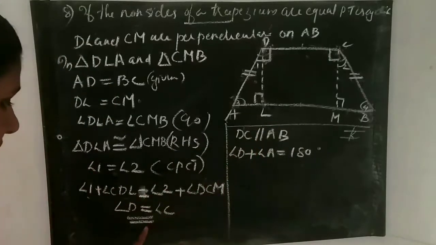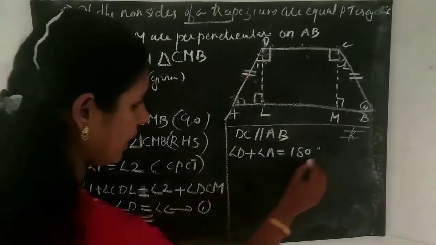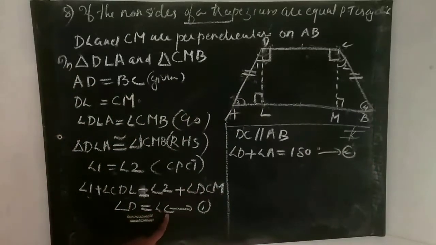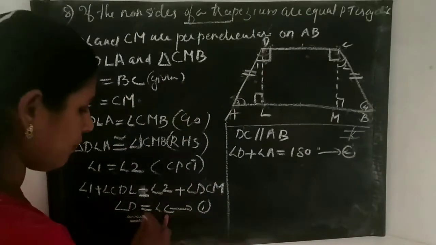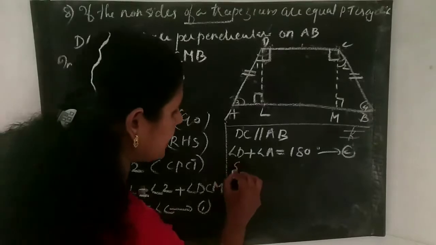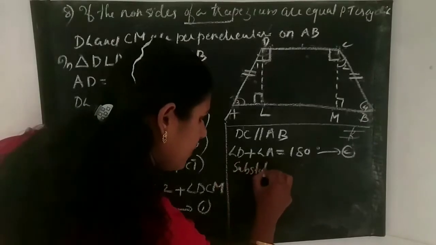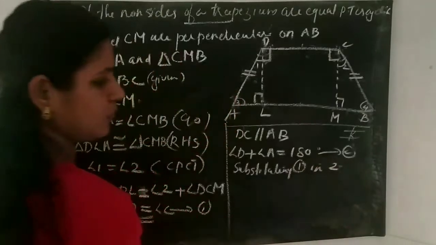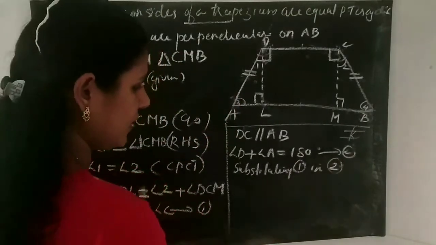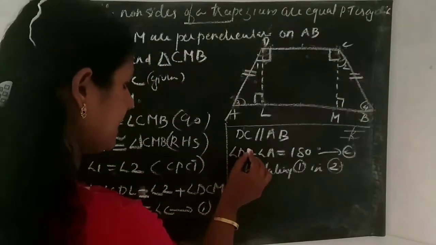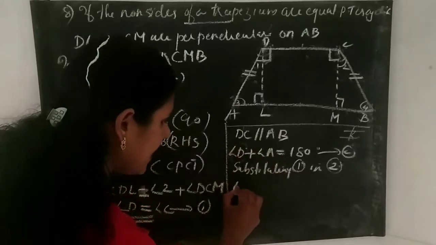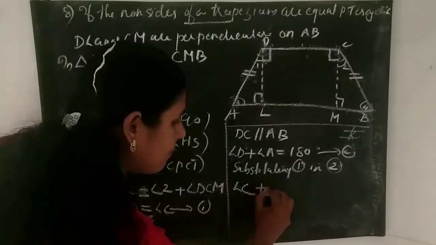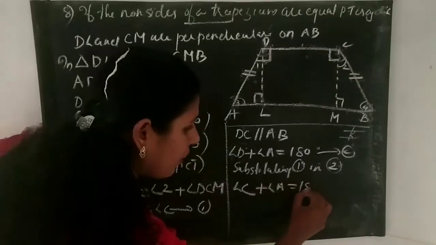See children, here it is 1 and it is 2. From 1, angle D equals angle C. Substituting 1 in 2, instead of angle D we can write angle C. So angle C plus angle A equals 180 degrees.